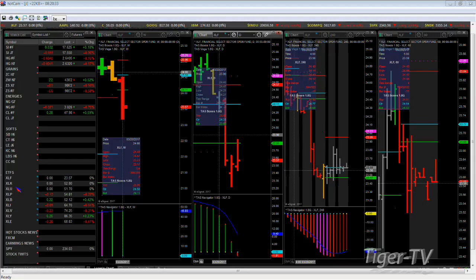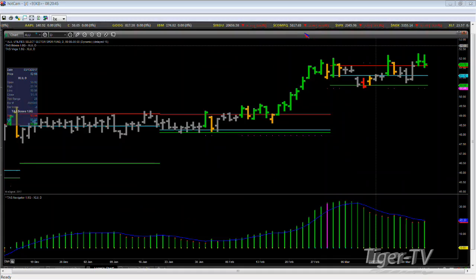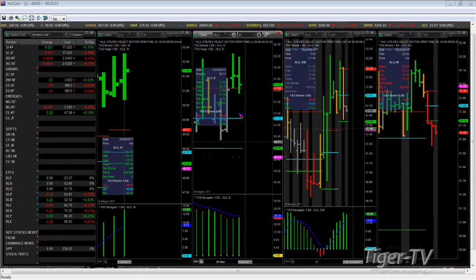The utilities kind of backed off a little bit, but I'm looking at this as a buy support area. I know this thing's made a great run. Tom and I were talking about this, as well as some other people on TFNN, I believe.